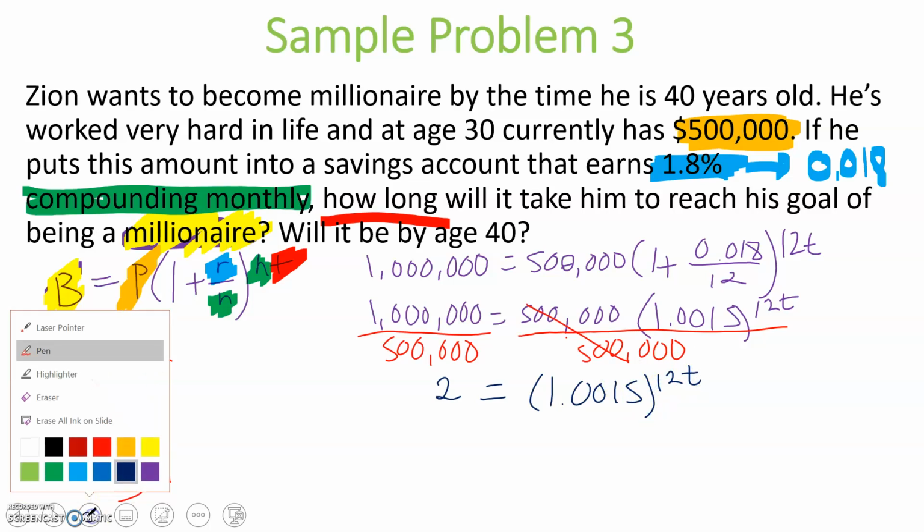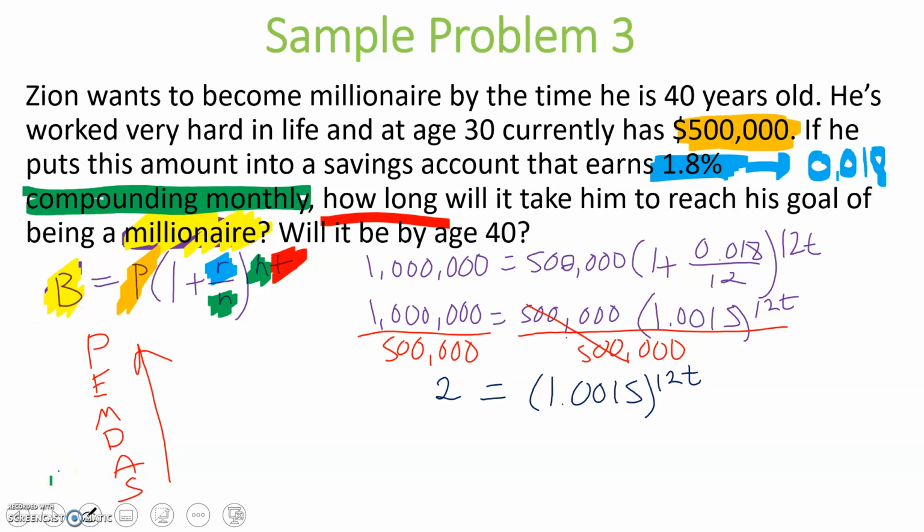Now, at this point, we want to remove our variable power. So in order to do that, we're going to take our common logarithm of both sides: log of 2, and then log of 1.0015 to the power of 12t. Now, the awesome thing is here, we're going to use our power property, which will then remove the power.